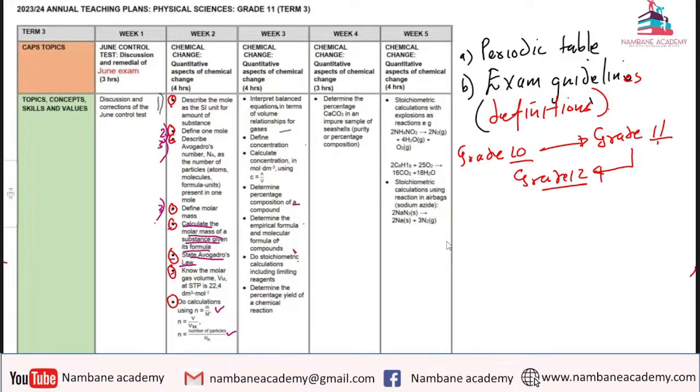Later, when all the concepts have been explained in detail, we are just going to emphasize more of the approach in the exam. Why is that the case?